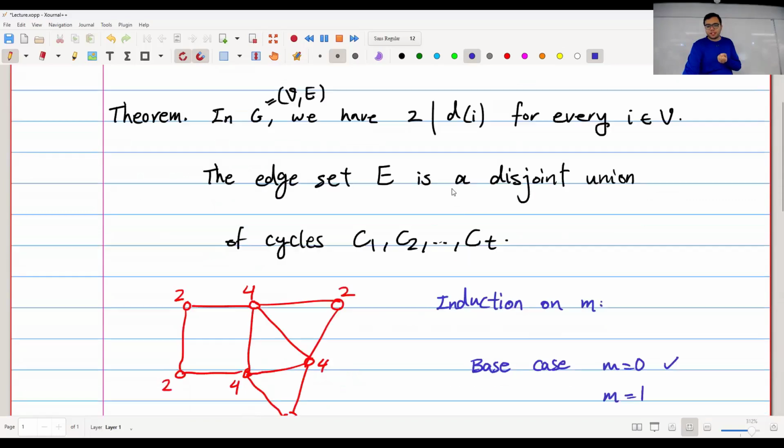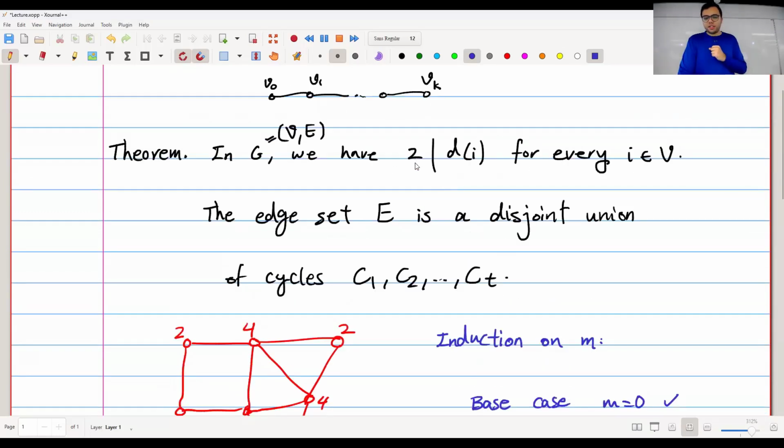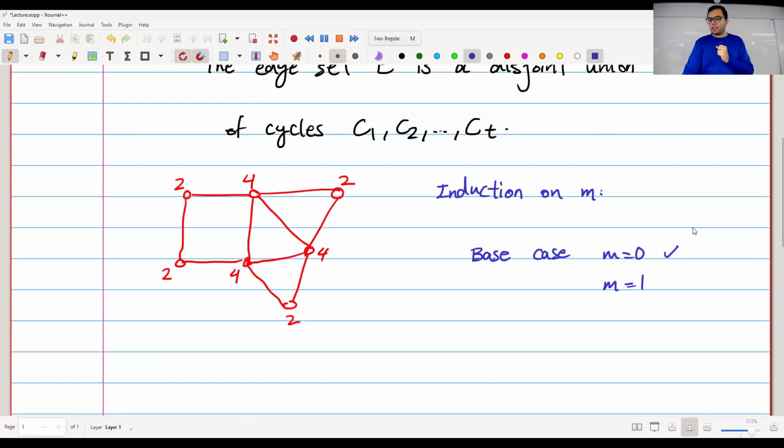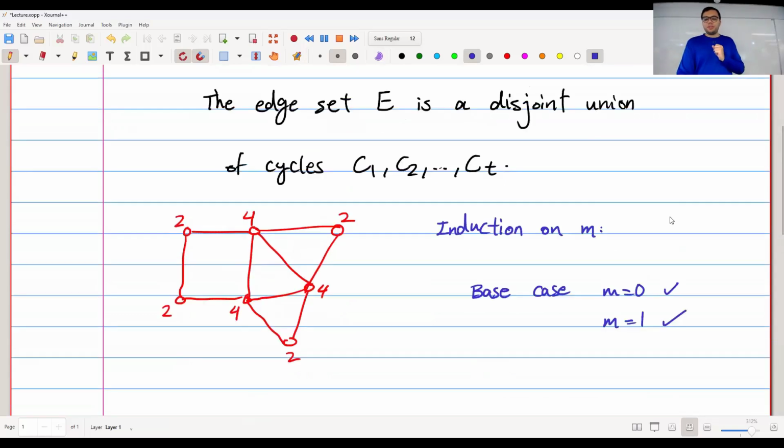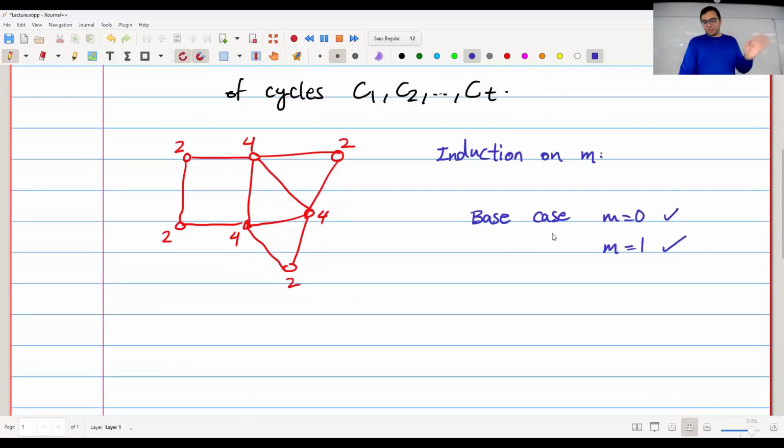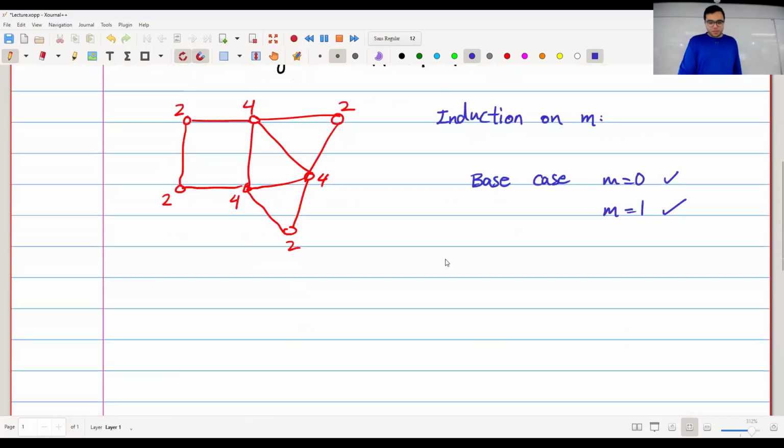I have no graphs that have even degrees for all vertices and have only one edge. So in this case, my conclusion holds too, because I'm talking about the empty set, right? So technically, this is also correct. But in any case, for the base case, I just needed M equal to 0. Okay, so let's do the induction step.